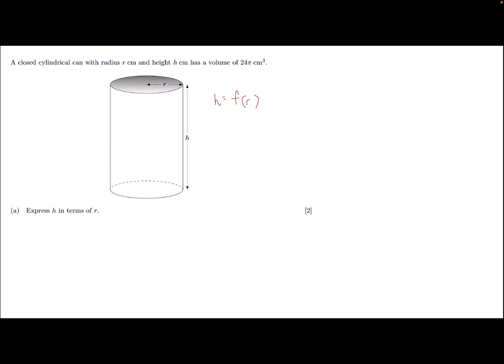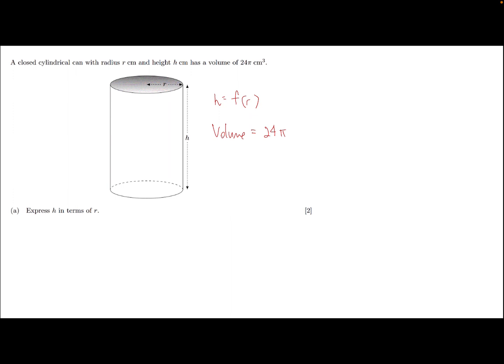Well, how do we do that? There's some information that was given. We know that volume is equal to 24 pi centimeters cubed. You may not recall the formula for the volume of a cylinder.